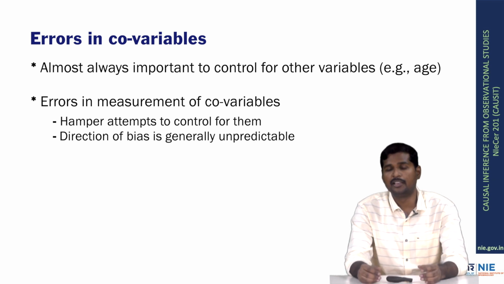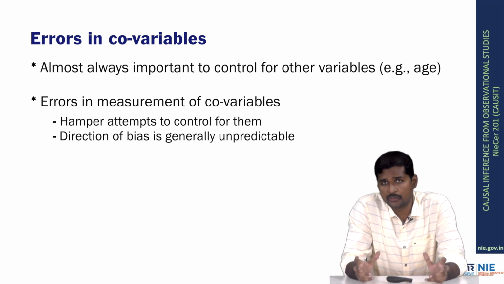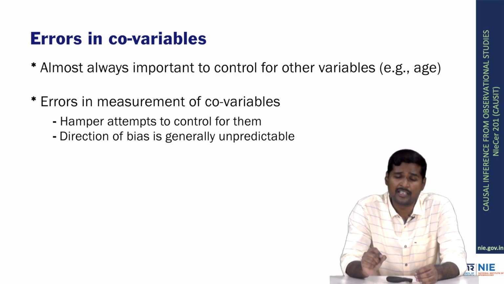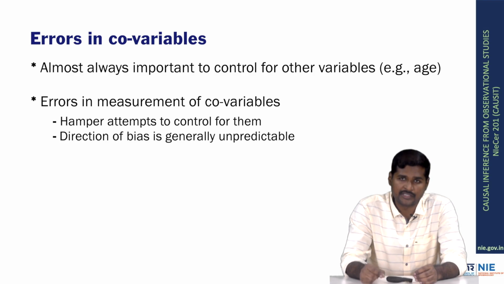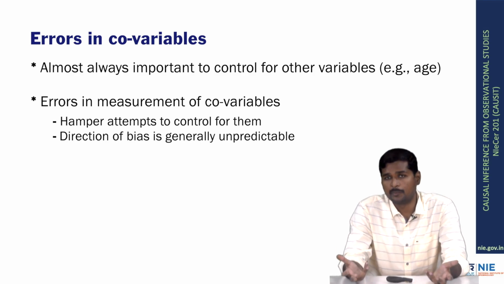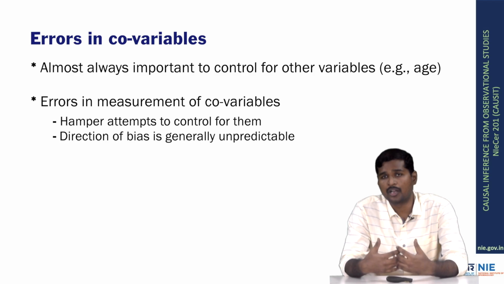So for example, if there is an association between exposure and disease, and if say age is an important confounder that needs to be adjusted for the true association between the exposure and outcome to be established, and if you make a critical error in the measurement of this age, then we are limited in the way in which we can handle this variable for controlling. And the direction of bias in this case is generally unpredictable because we don't know how accurate or how error prone the age variable is.